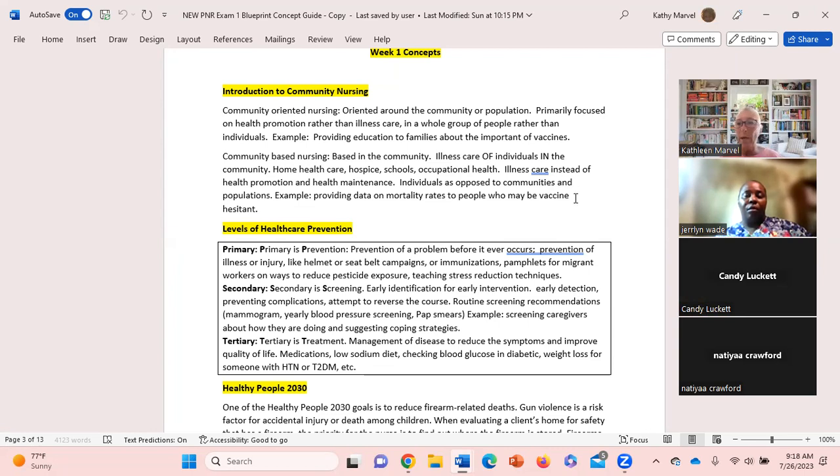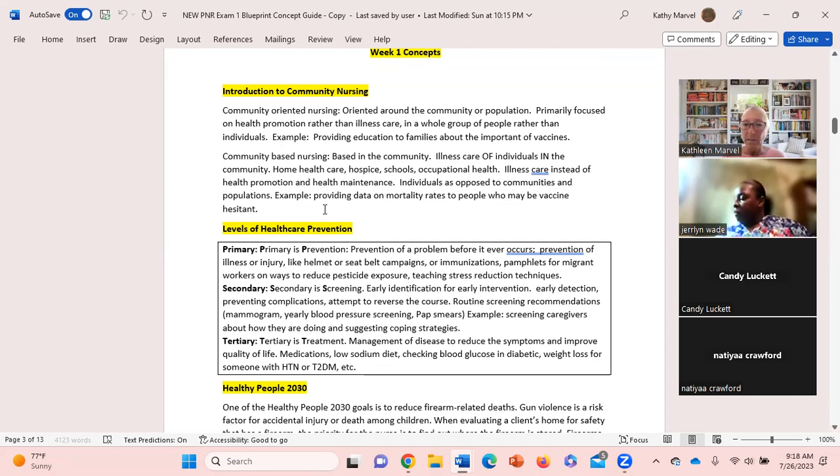You're not saying we're going in to talk to the families of the kids that we know have not been vaccinated. This is an education program for all families about the importance of the vaccines. So that's oriented. That's for the better of the population, right?